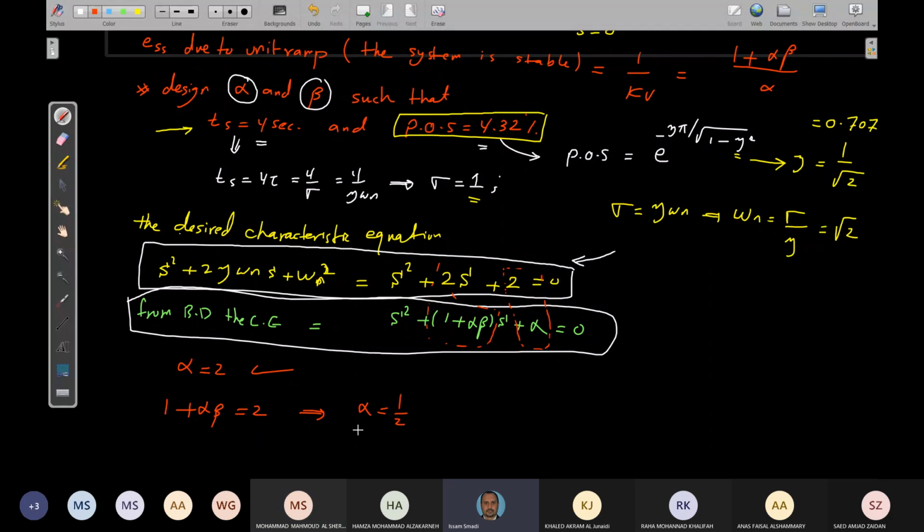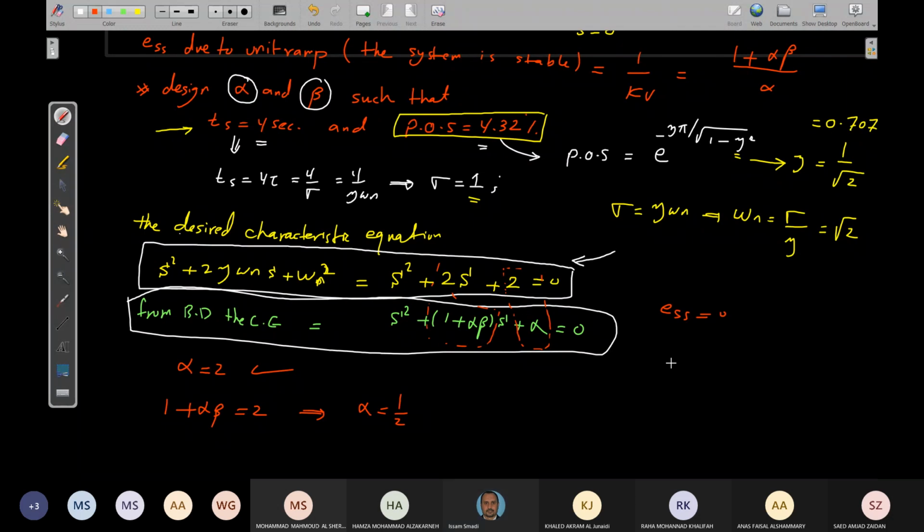I will not calculate. Doctor, maybe we can calculate alpha from the steady state unit ramp error above. We can do that, of course. But simply, okay, the steady state error is equal to 0.